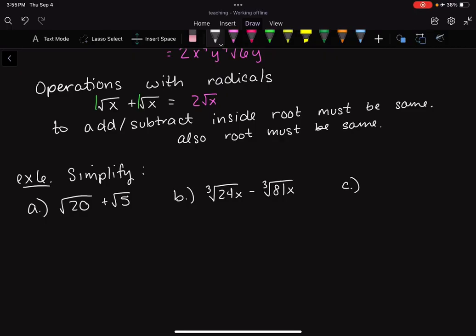C, we'll do 4th root of 4y cubed times 4th root of 12y squared.